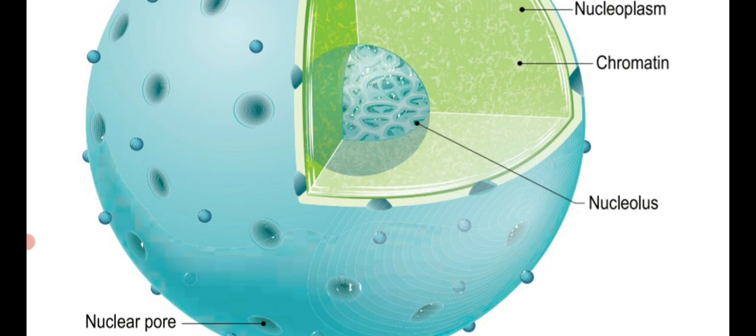A net-like or thread-like structure present at the center is said to be chromatin reticulum, which contains the heredity information or genetic material known as gene, which transfers the genetic character from parental to the next generation.